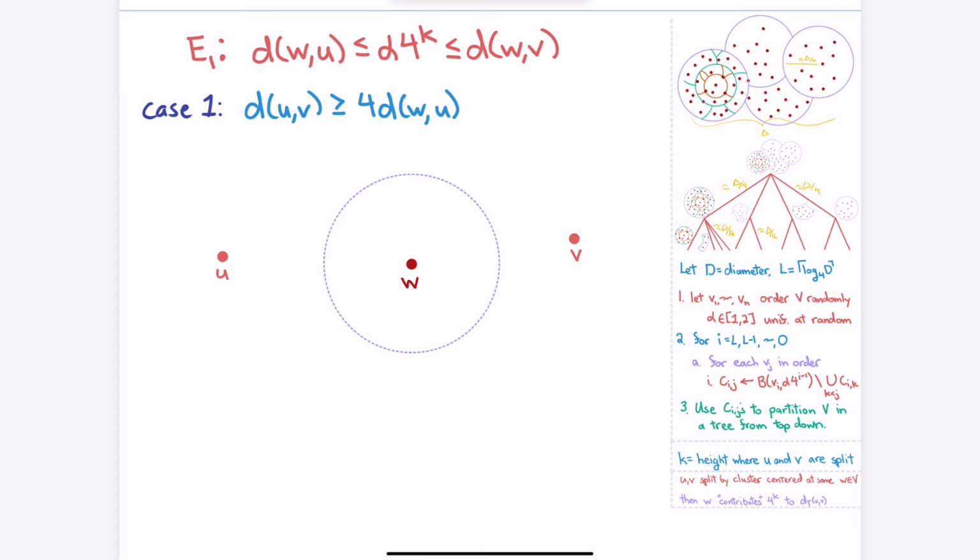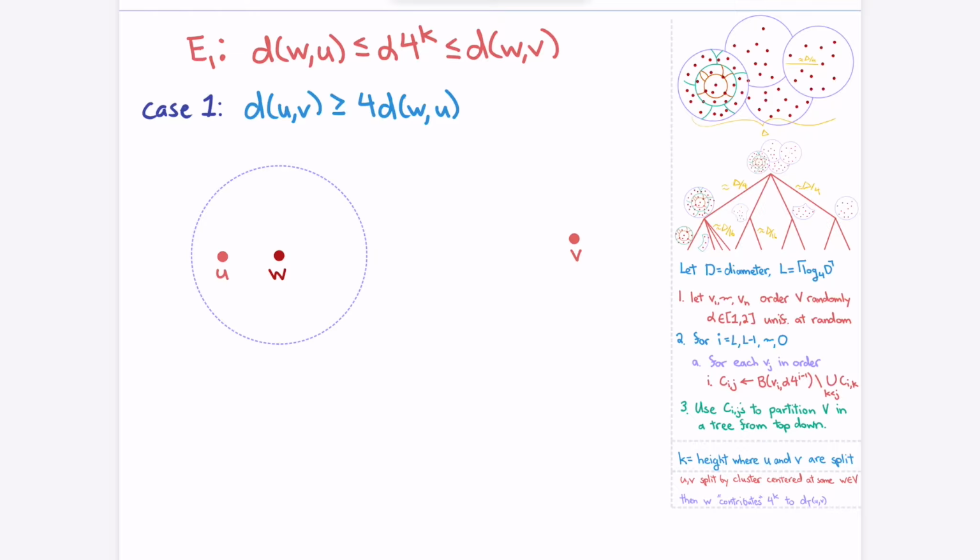Okay, so let's look at this case. This is where W is much closer to U than U is to V, by some constant factor. Okay, what can we do here? This is sort of guessable.